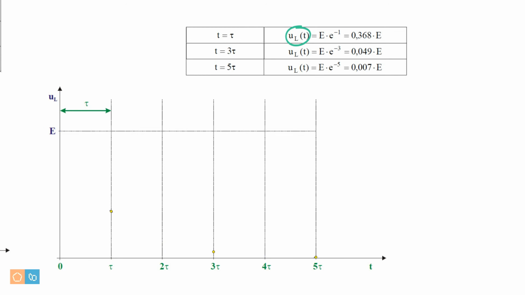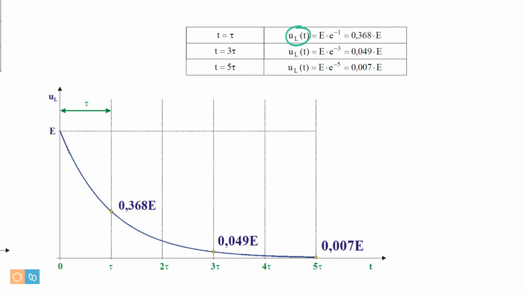For the instant t equals tau, the voltage UL reaches 36.8% of its initial value E. At the instant t equals 3 times tau, UL reaches 4.9% of its initial value. And at the instant t equals 5 times tau, UL reaches 0.7% of its initial value.